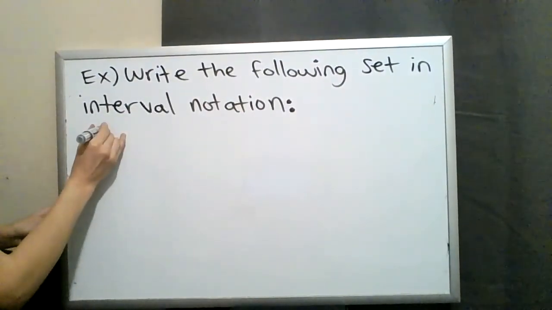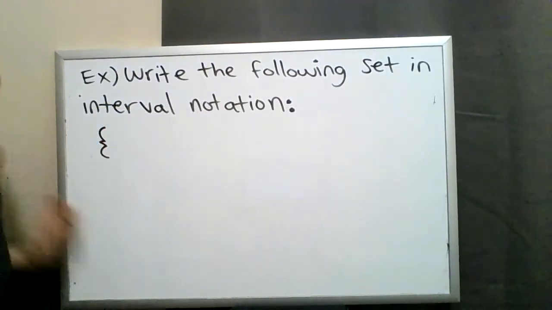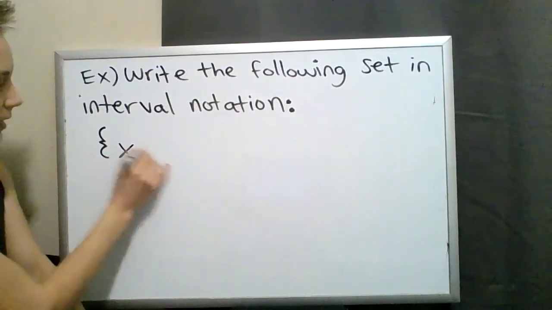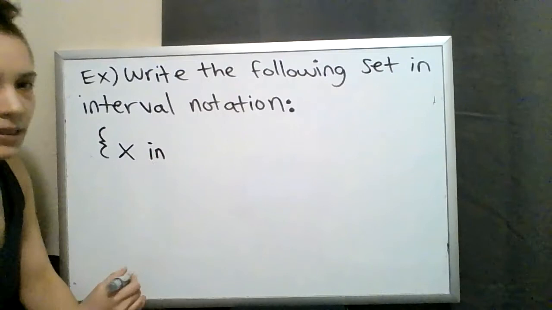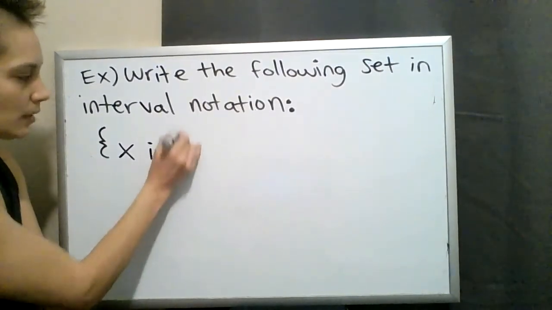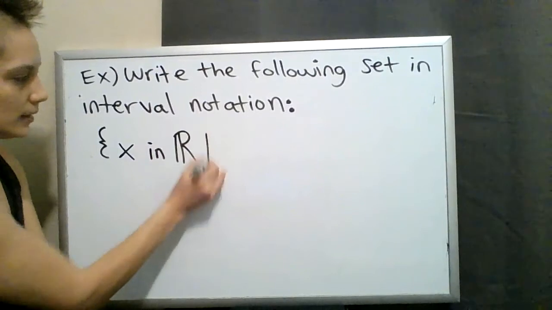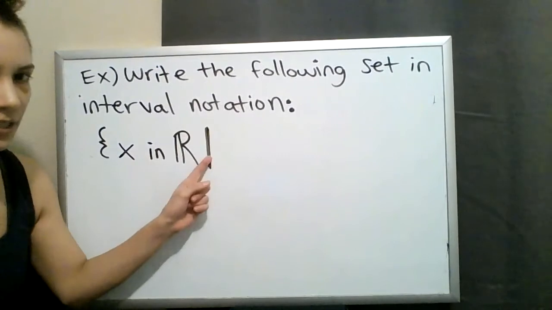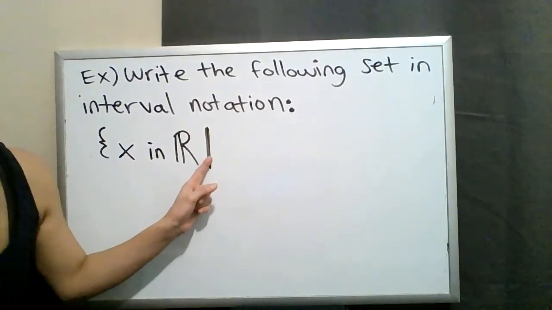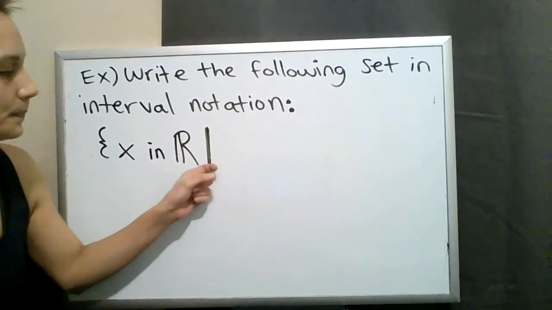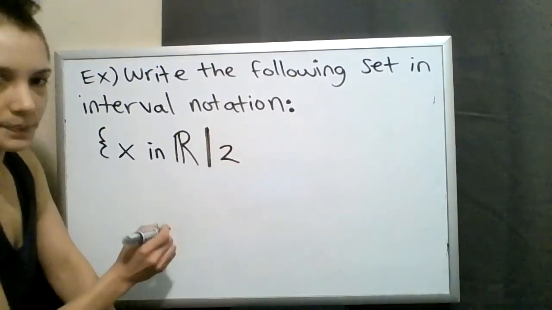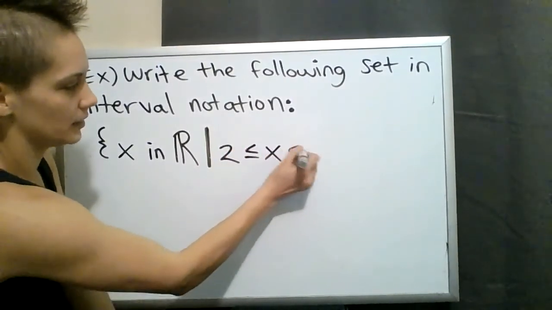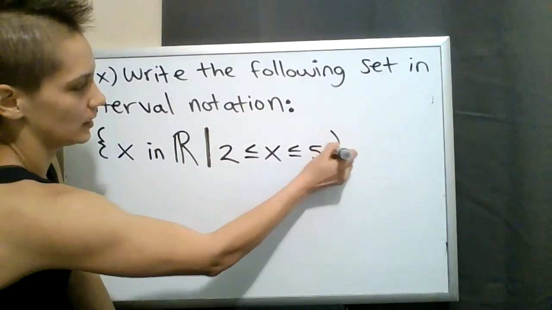So we start the set, and the variable is x. x in the real numbers, so capital R with a double bar. And put that such that. So x is in R such that 2 is less than or equal to x, which is less than or equal to 5. And that's all we need to do.